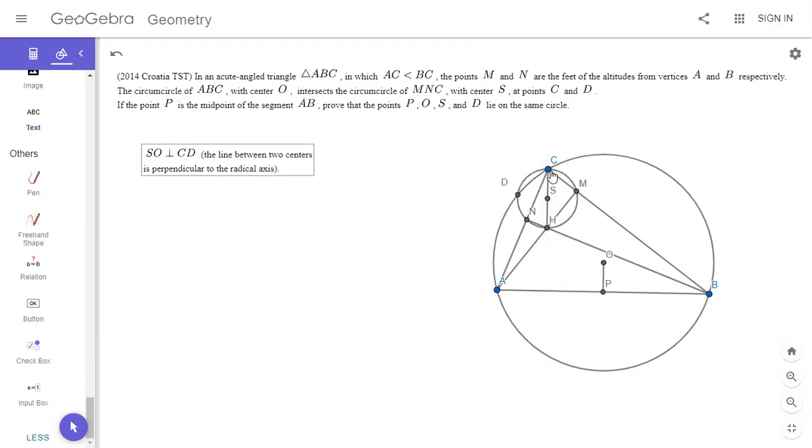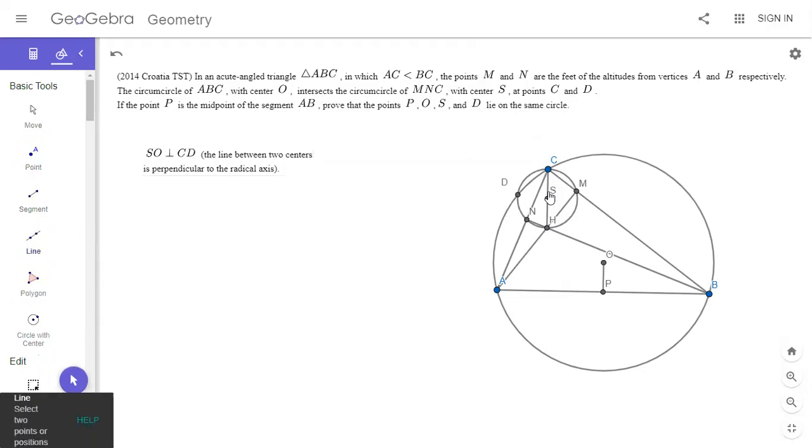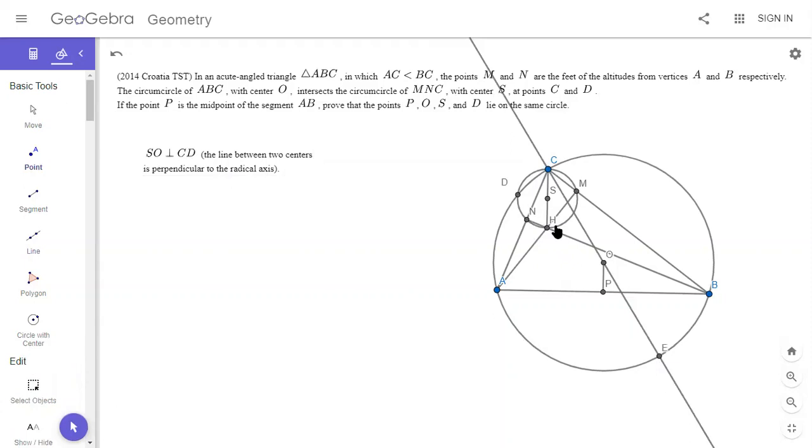Okay, and then we also have C, DH, and P are collinear, which I've done on my channel before. I could do a quick proof of it right now. So if we draw the antipode of C, then we could show HAEB is a parallelogram, and also so HP and E are collinear, and then angle CDE is 90, and so DH and E are collinear.